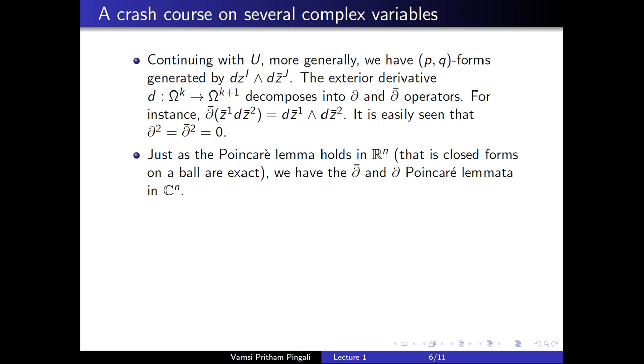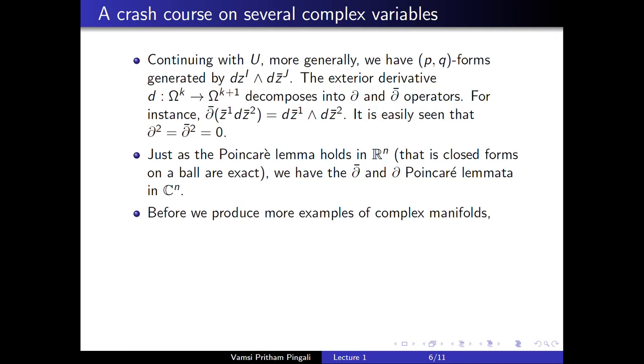So basically, if you have a ball in Cn and a p,q form on it such that del bar of this p,q form is 0, then this form is del bar of a p,q minus 1 form. Likewise, if you have a p,q form and its del is 0, then this form is del of a p minus 1,q form. So I'm merely saying that there is an analogy between the usual Poincaré lemma and these, for balls at least, not in general.